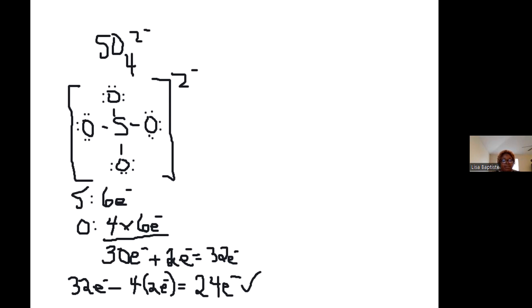Okay. So the next thing we want to do is the number of electron groups. So we have 4 groups around it. And if we look at our chart, 4 groups would be tetrahedral. All right, that's for our electron geometry. So we would write tetrahedral.